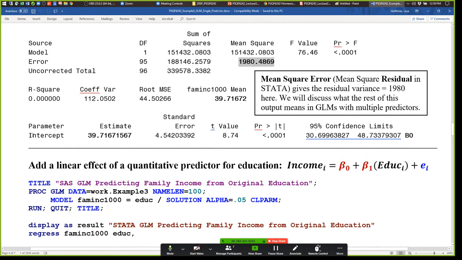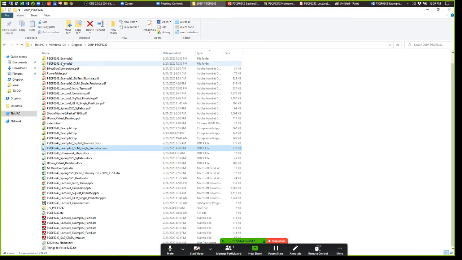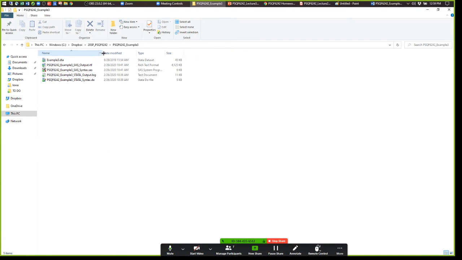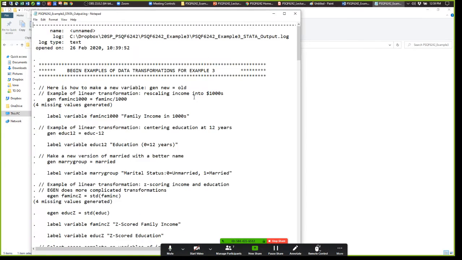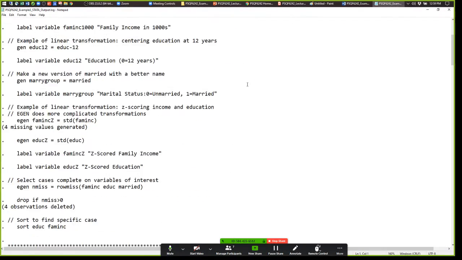The only difference in Stata is that the word intercept is replaced with a term that is underscore CONS, for constant. I will pull that up actually while I'm thinking about it. So I have the full output for example 3 available for download. Let me pull up the Stata. This is the Stata output that goes with it.